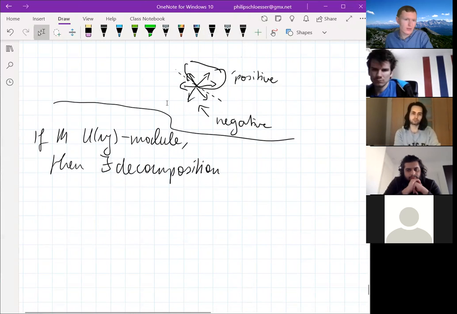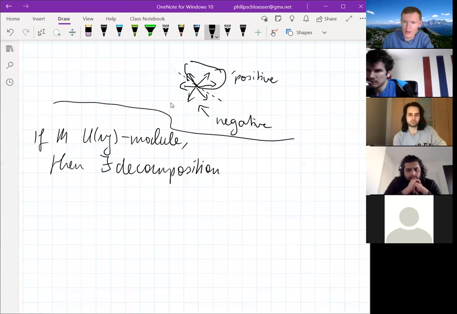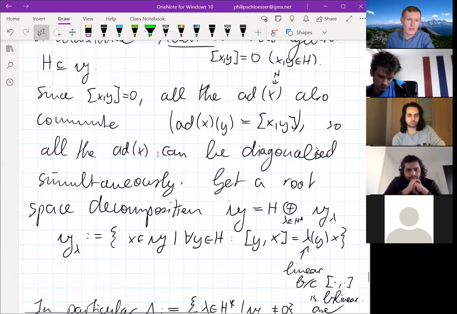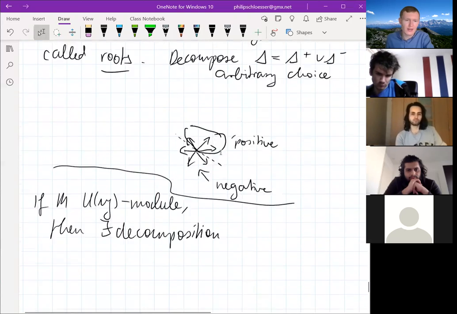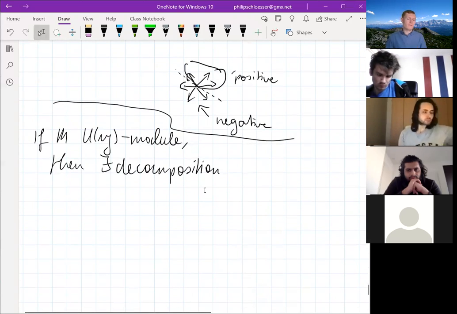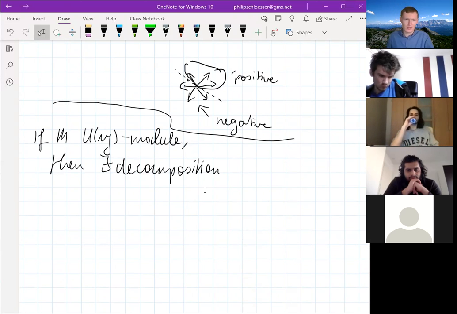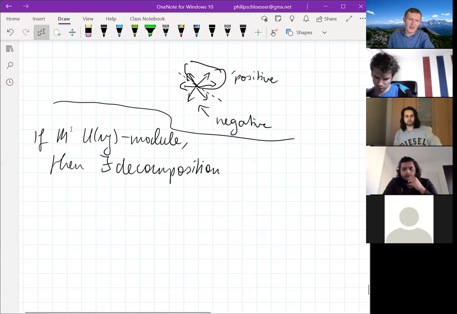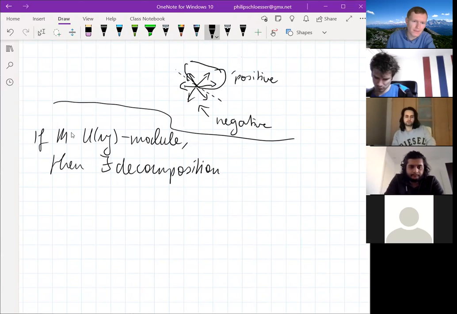Just because you can again diagonalize the action in a nice way. Like your Cartan subalgebra, these operators still commute as endomorphisms of your module. So you can diagonalize them simultaneously and you can do the same decomposition.